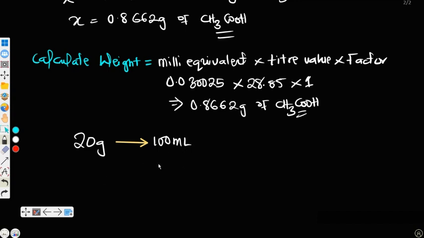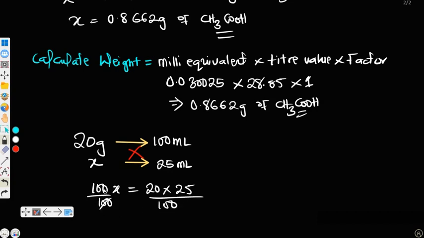Now we want to know the concentration that we should be expecting, or the actual concentration that we should be expecting, and that would be in what? 25 ml, because this was what we actually titrated. If 20 gram give 100 ml, it means 25 ml will give us what? X, right? Cross multiply: 100x is equals to 20 times 25. Divide both sides by 100. What would that give to us?